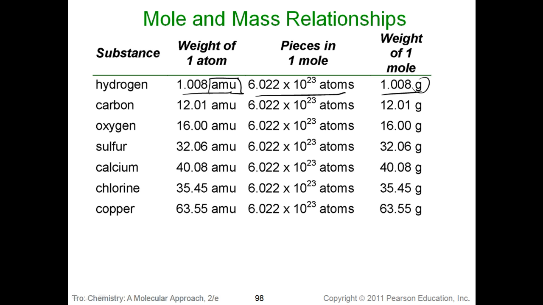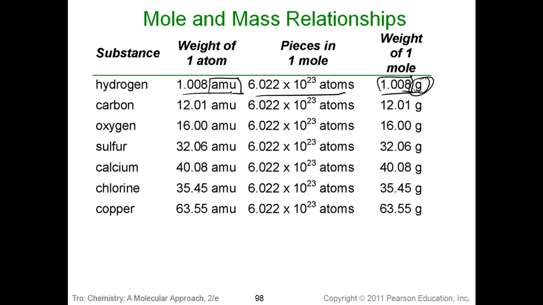So the number is the same, the unit is different, and that quantity is different. A gram is much heavier than an atomic mass unit. Remember, 1 proton weighed 1.67 times 10 to the negative 24th grams. So that's how much actual hydrogen weighs, hydrogen 1. But here we're saying it's 1.008 grams per mole of atoms.